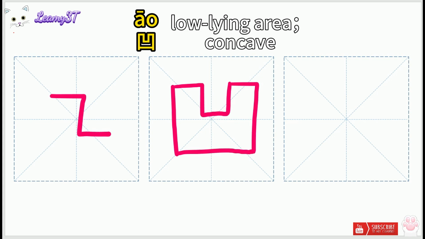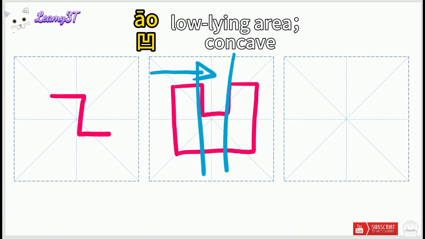And the stroke order goes from left to right. This character can be evenly divided into three parts, from left to right. 1, 2, 3, and two parts from top and down. 1 and 2. So please pay attention to the balance of the character.